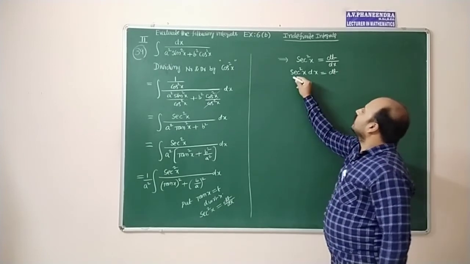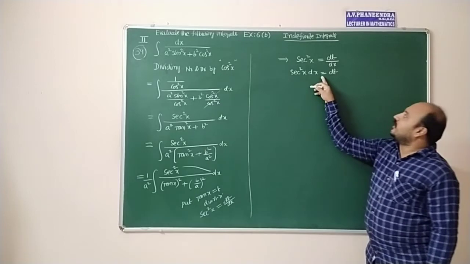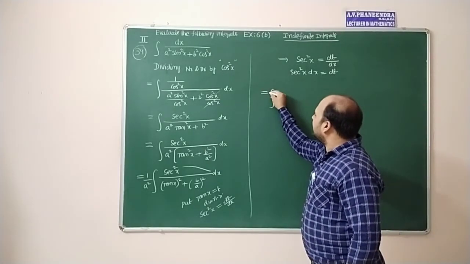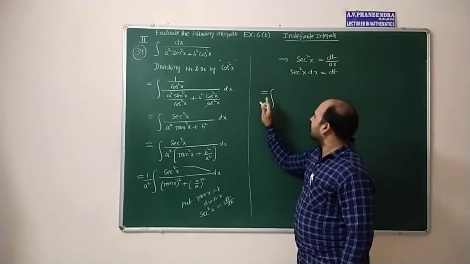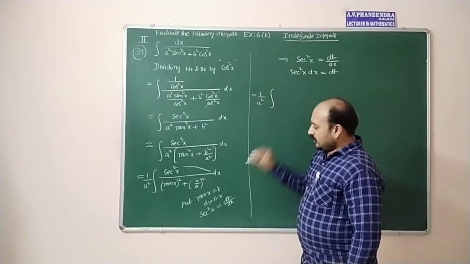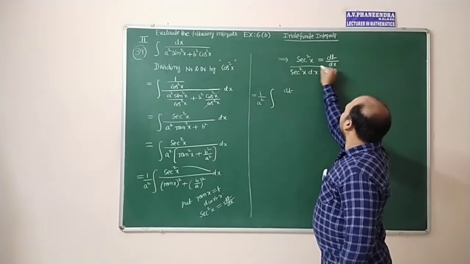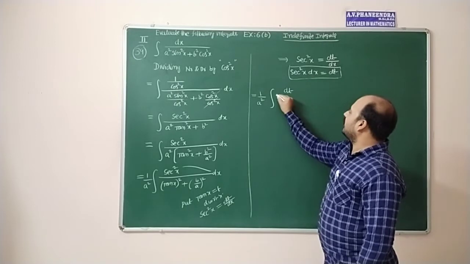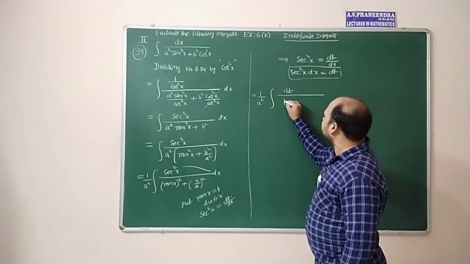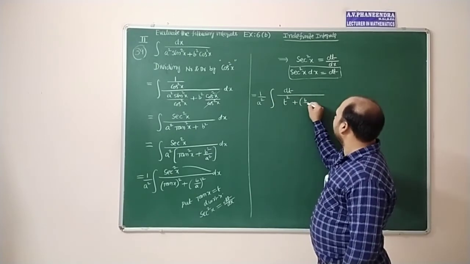So in place of the numerator, we have to replace it with dt directly. The given integral becomes 1 by a square, which is already there, and in place of secant square x dx it becomes dt, divided by tan x whole square, that means t square, plus b by a whole square.